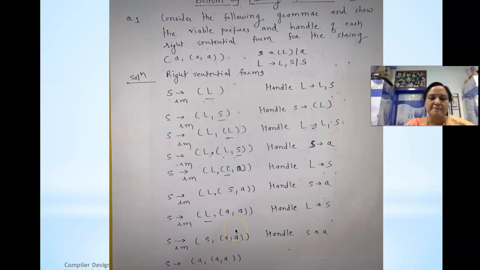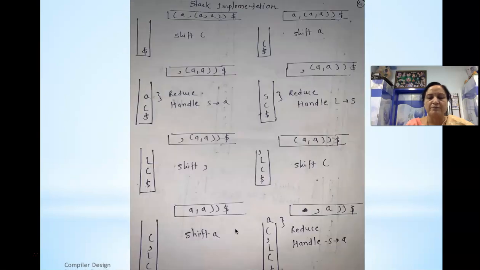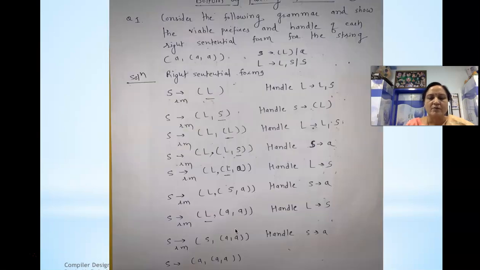So we get (a,(a,a)). This is nothing but the input string which we want to parse. So these are all the rightmost derivation steps, and all these steps are called right sentential forms.